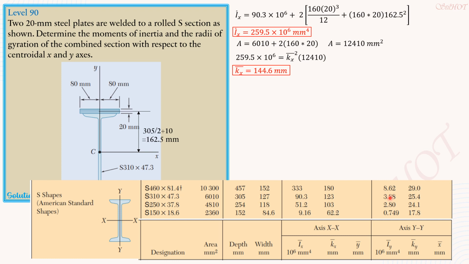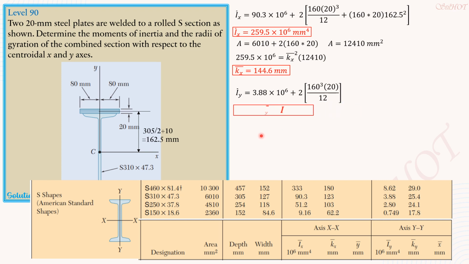Then for Iy, this is the centroidal axis of the S shape, so it is 3.88 times 10 to the 6, while this is also the centroid of the rectangular plate, and it is 2 times, because there are two rectangular plates, 2 times 160 cube times 20 over 12. So I bar y equals 3.88 times 10 to the 6 plus 2 times quantity 160 cube times 20 over 12.